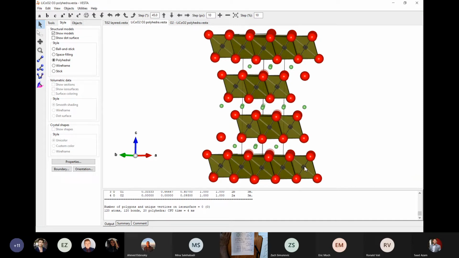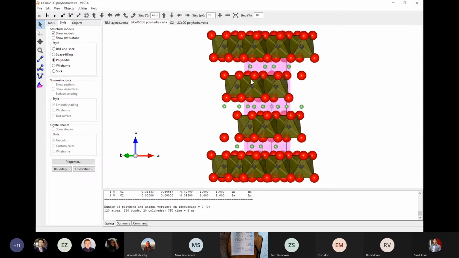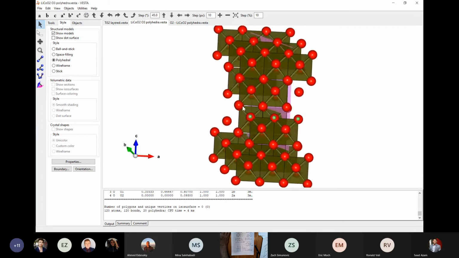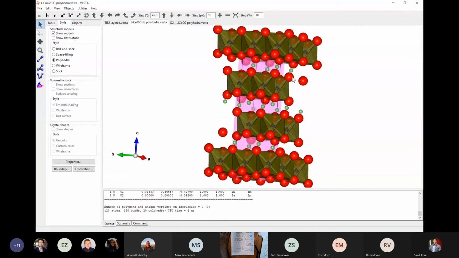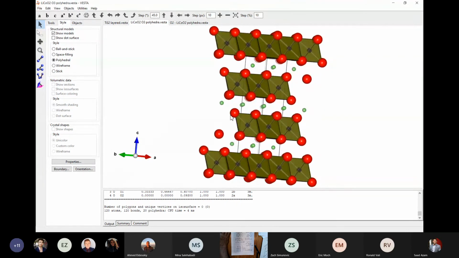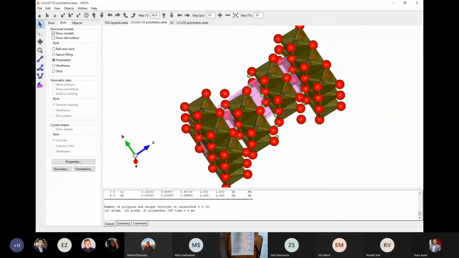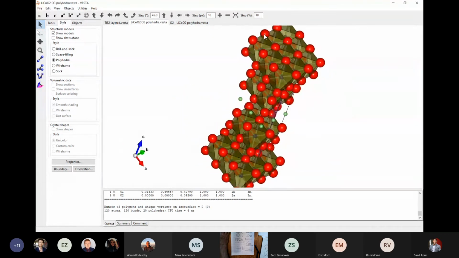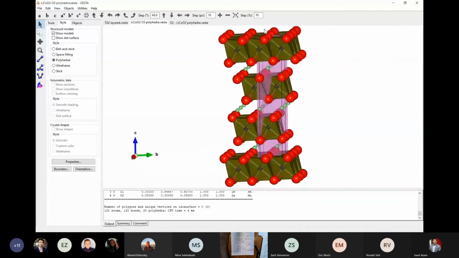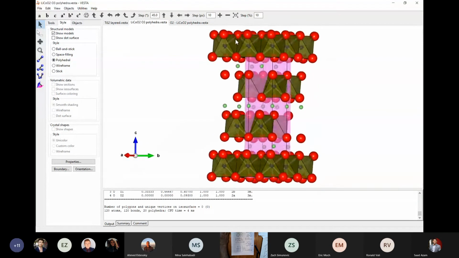Cobalt is the black, and the lithium is this smaller one here. Again, we can rotate this around and look at it. But when you look at this structure, it's often hard to get it back to the perpendicular direction. Mousing around is a little difficult sometimes.